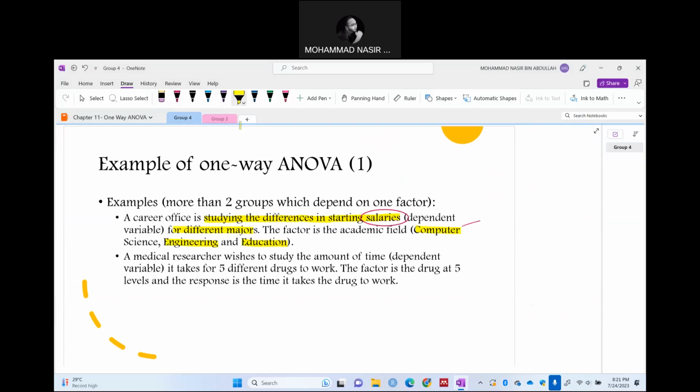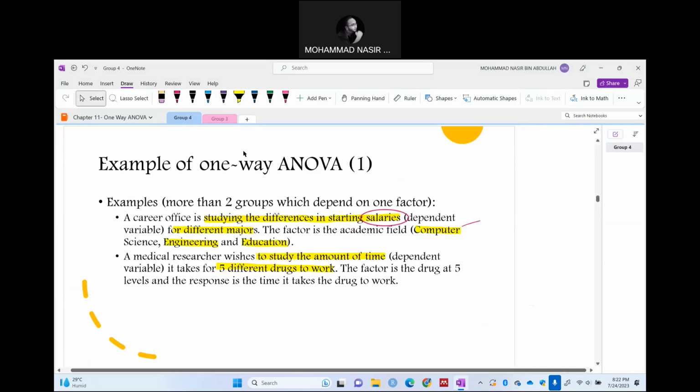Another example, a medical researcher wishes to study the amount of time it takes for 5 different drugs to work. So we have drug 1, drug 2, drug 3, drug 4, drug 5. So we want to know, do all these drugs take the same time to take effect, or different times to make an effect, right?